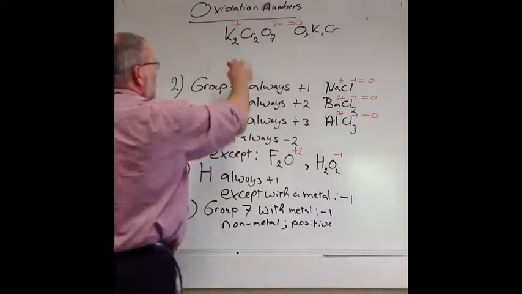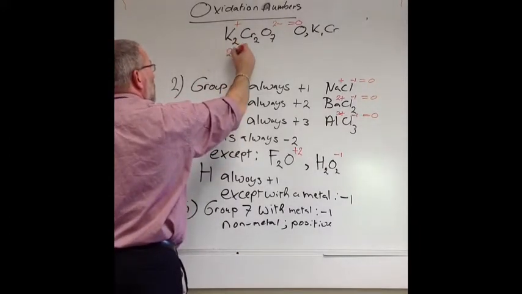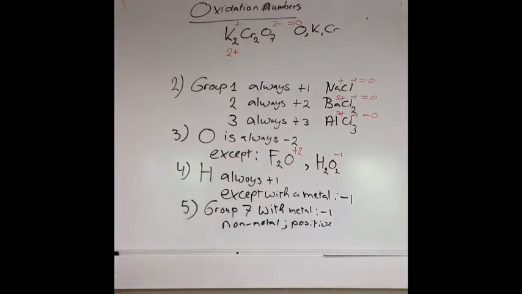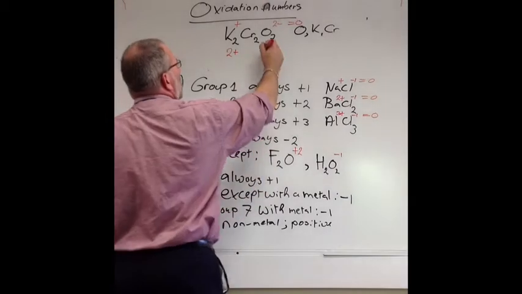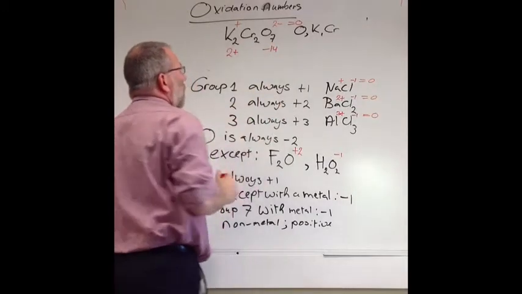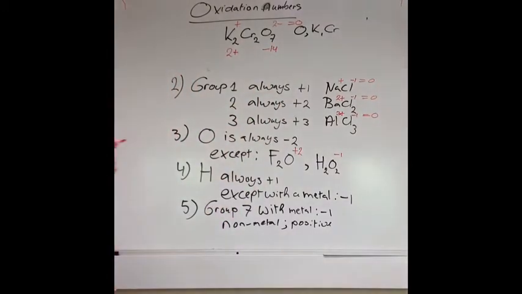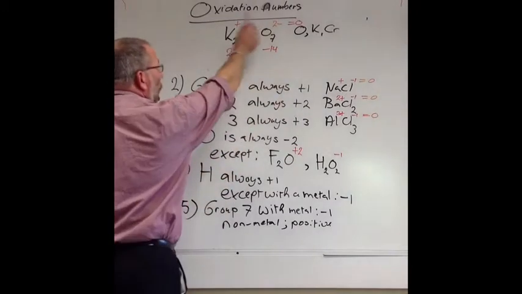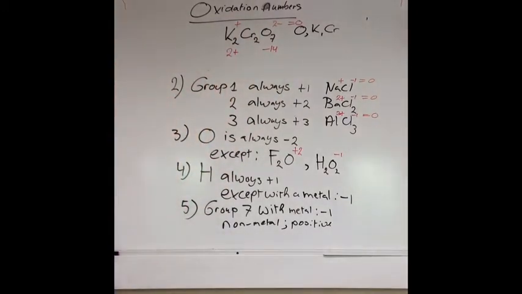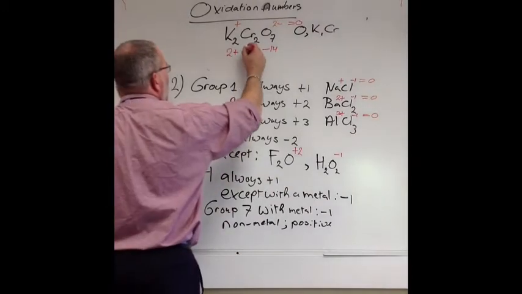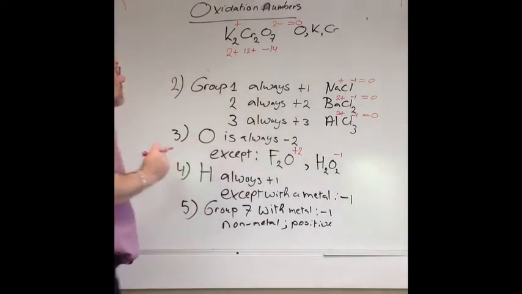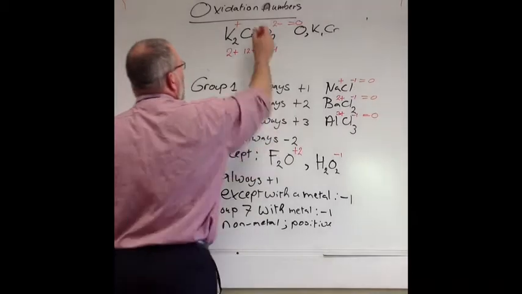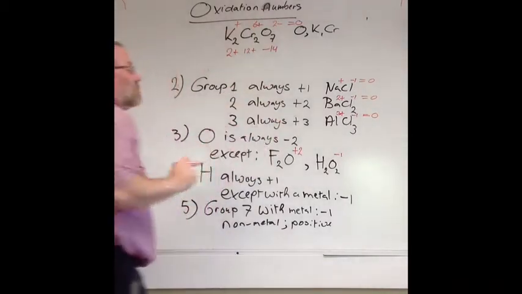So what I've got here is 2 potassiums, that is 2 plus. I have 7 oxygens, that is 14 minus or minus 14. So what is the value, the oxidation states, of the 2 chromiums? Well, if the whole compound is neutral, the 2 chromiums need to be 12 plus. Therefore, because we've got 2 chromiums, each chromium will be 6 plus.